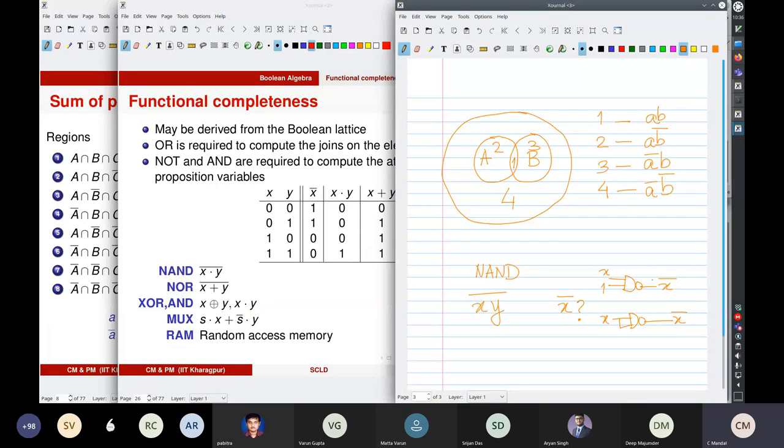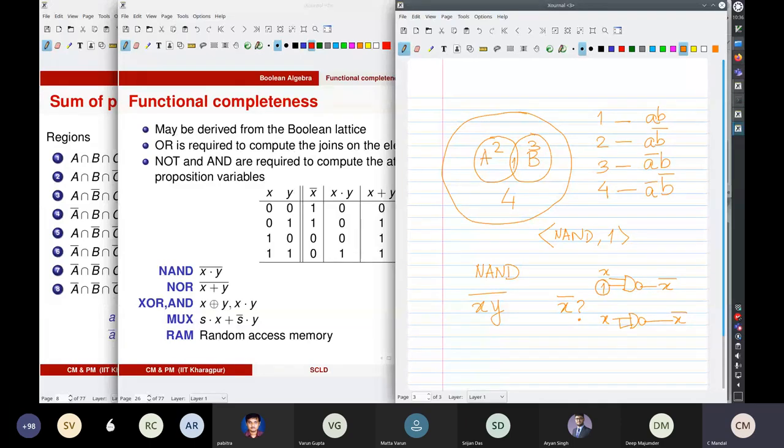Actually, I was just thinking that maybe you require NAND and 1. Here you are using NAND and 1 to compute X bar.